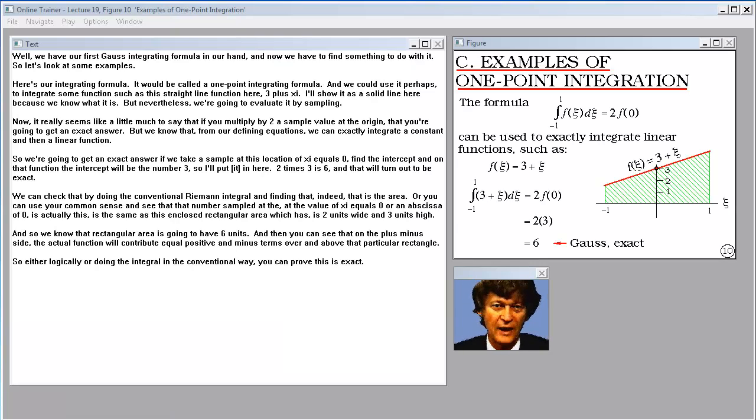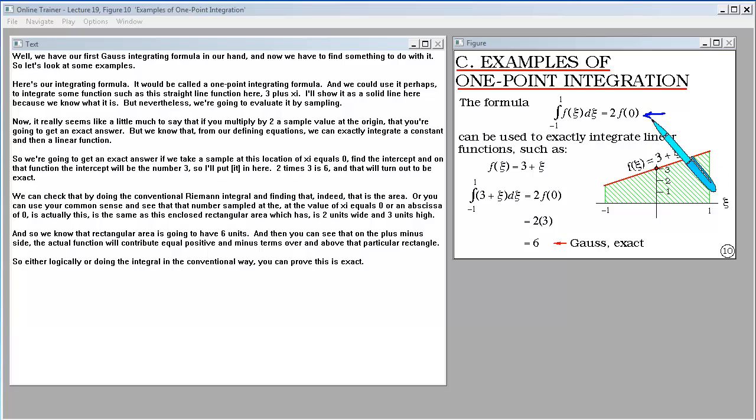Well, we have our first Gauss integrating formula in our hand, and now we have to find something to do with it. So let's look at some examples. Here's our integrating formula. It would be called a one-point integrating formula, and we could use it perhaps to integrate some function, such as this straight line function here, 3 plus xc. I'll show it as a solid line here because we know what it is, but nevertheless we're going to evaluate it by sampling.